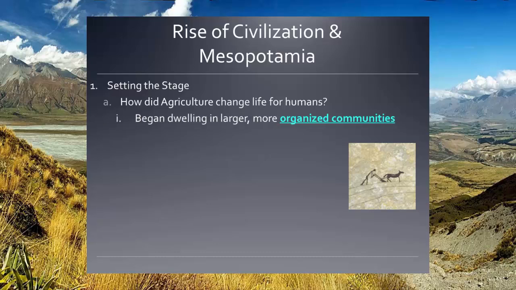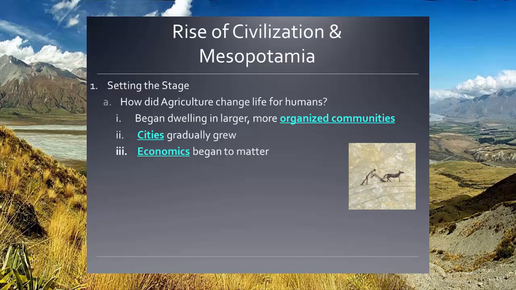Once people started staying put, their dwellings began to get larger, and the areas began to become more organized communities. As population increased, cities gradually grew. And as the cities grew, there was less of a need for everyone to be involved in agriculture.